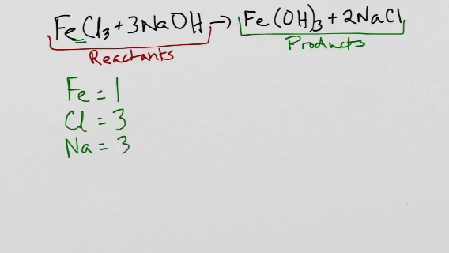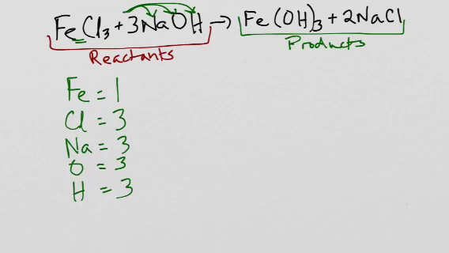We have 3 because the big number here gets multiplied by each of these elements, okay? So then we have O, which is, we got 3. What does O stand for? Oxygen. Then we've got hydrogen, right? And we've got 3 of those.